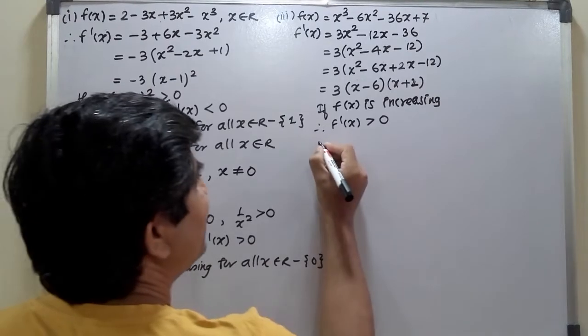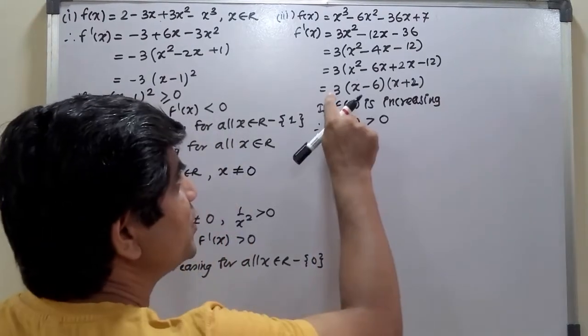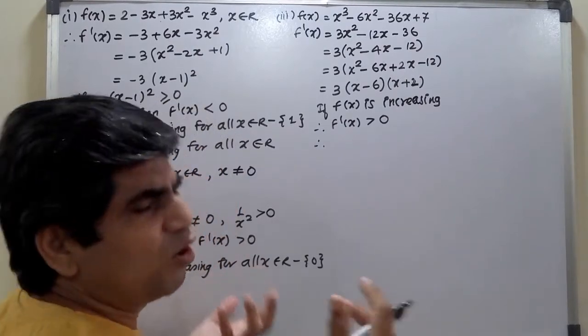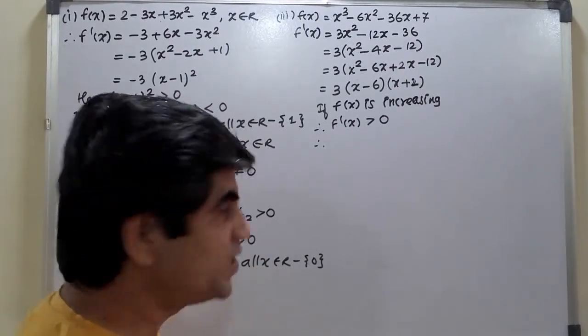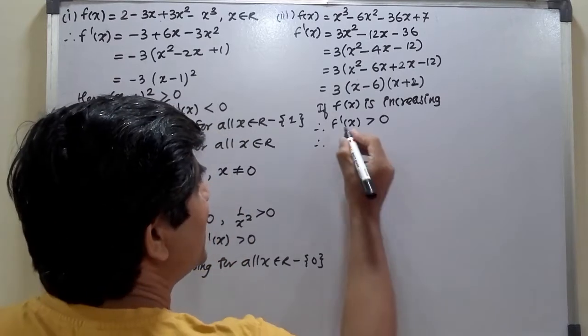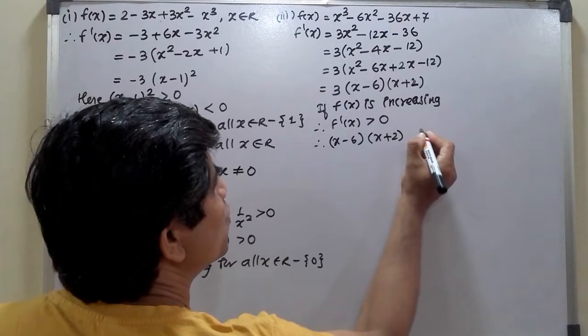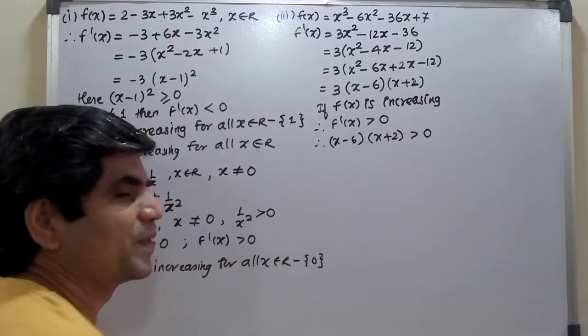So f dash x means I have 3 into x minus 6 into x plus 2 must be greater than 0. So obviously 3 is already greater than 0, so no need to talk about that. That means x minus 6 into x plus 2 must be greater than 0.